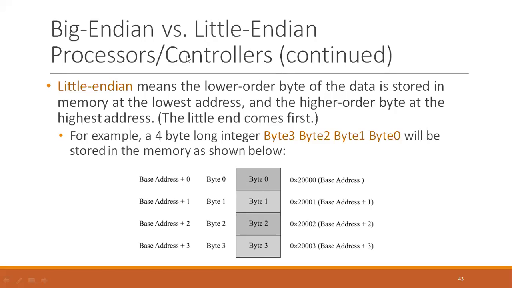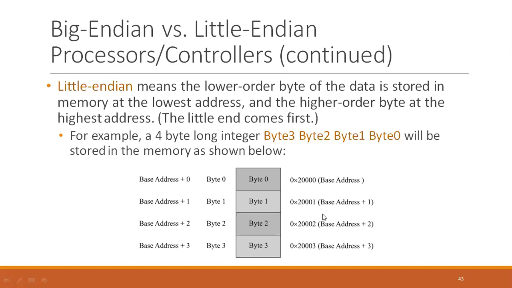Look at the organization here. The base address is set to 20,000 hexa, right? So byte 0 will be stored at location 20,000, byte 1 will be stored at 20,001, that is base address plus 1, byte 2 will be stored at 20,002, and byte 3 will be stored at 20,003.